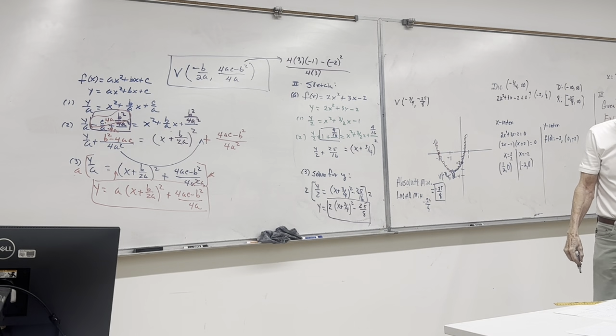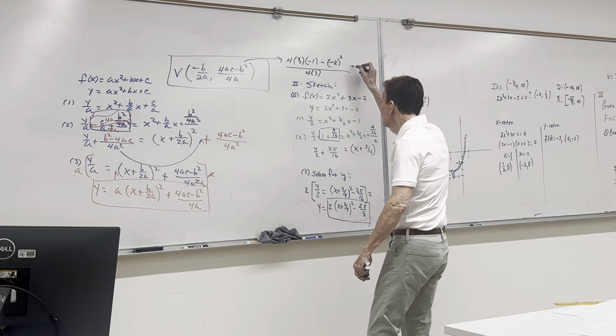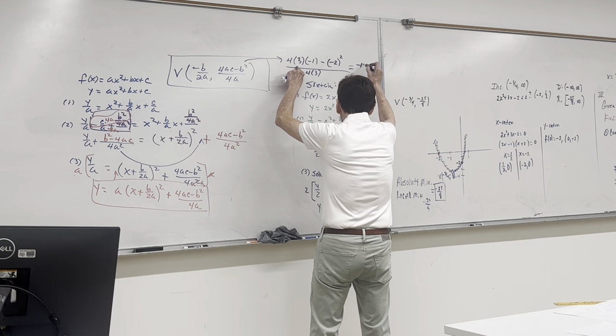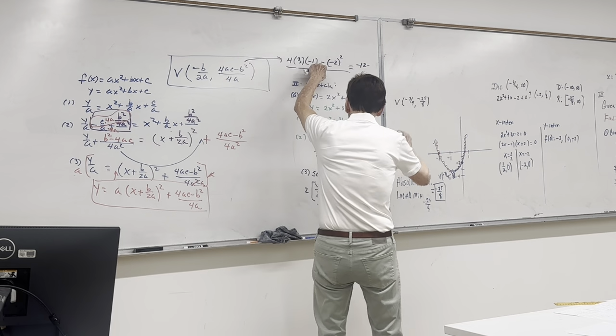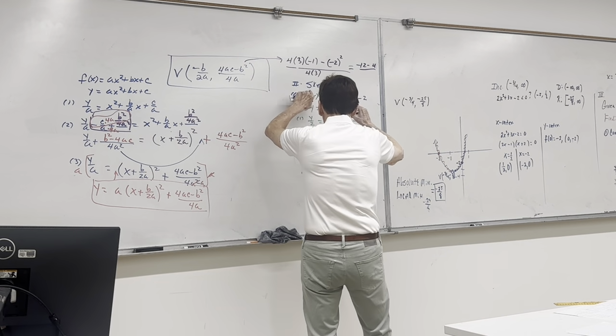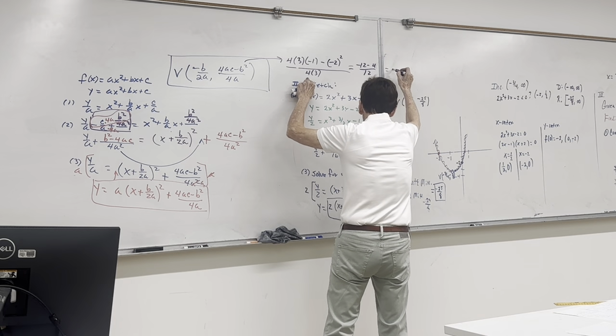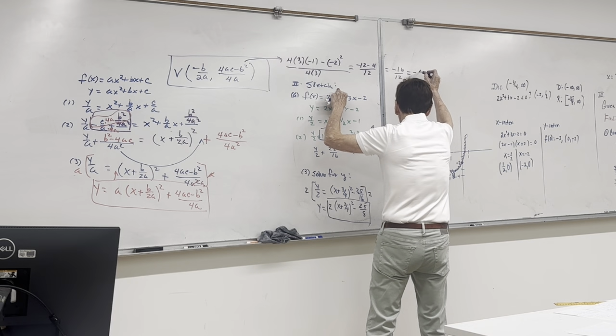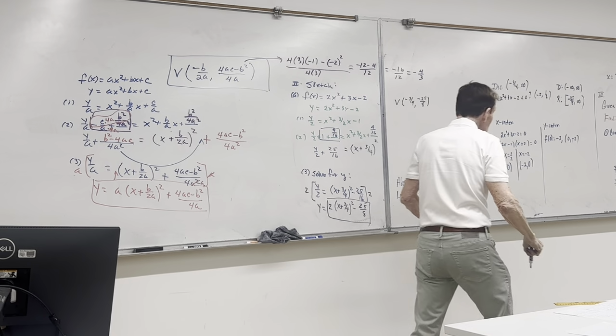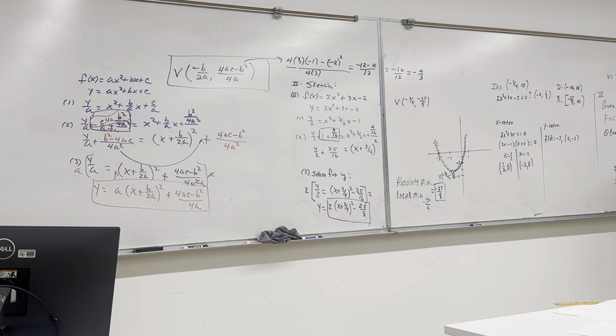That had better give me that. Here it goes. This is a negative 12. If I square negative 2, I know that's 4. That says minus 4, all over 12. Negative 16 over 12, reduced down by 4. What is that, guys? 4/3. What do we get over here? Negative 4/3.